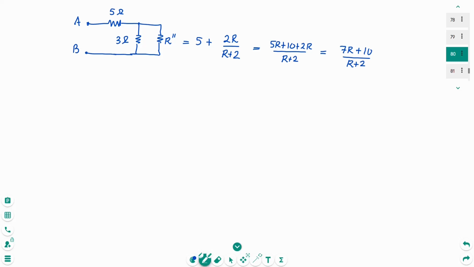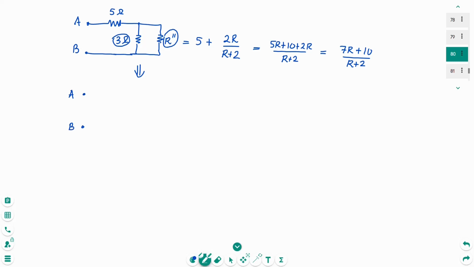And then you can see the next step would be the 3 ohm resistor is parallel with the R double prime resistance. So let's continue drawing the new network, which is going to be simplified further.